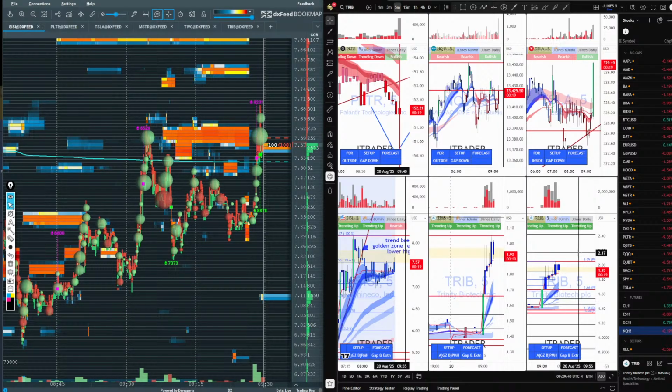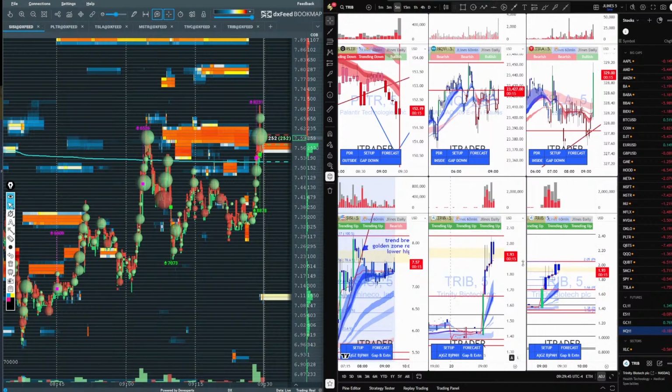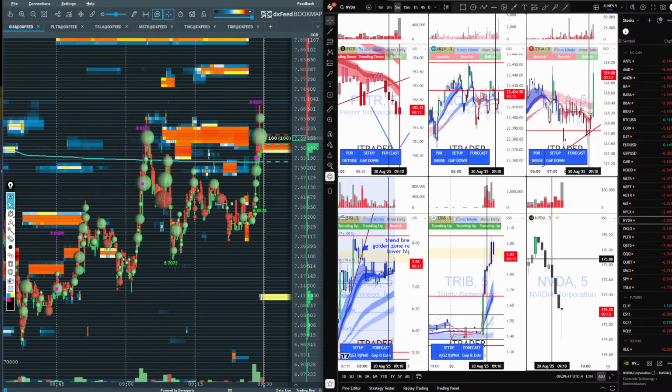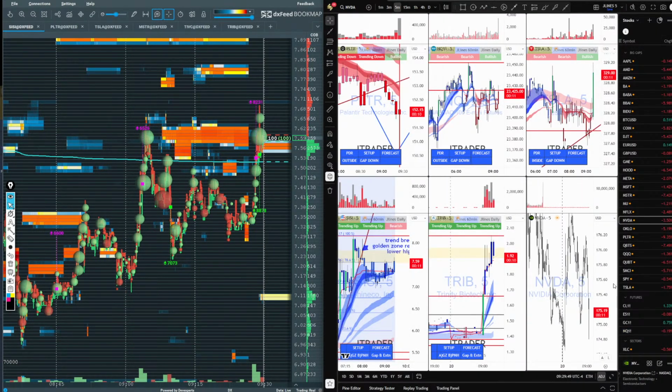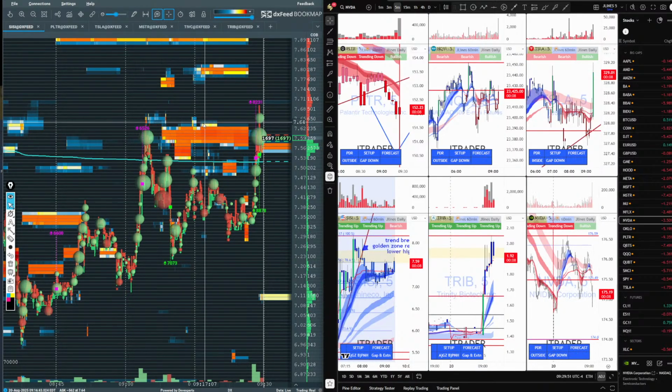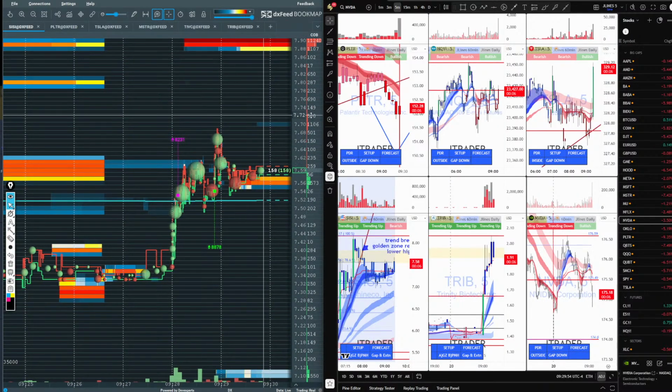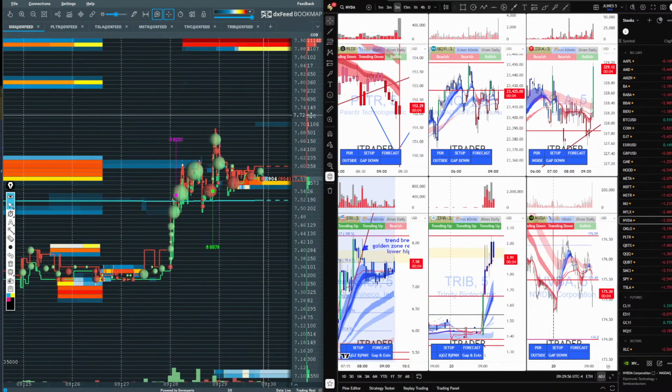Remember to respect the rules. Trade only when you have an A+ setup. And let's see if the markets will be bearish or bullish. Okay, a few seconds to open the gate over here.